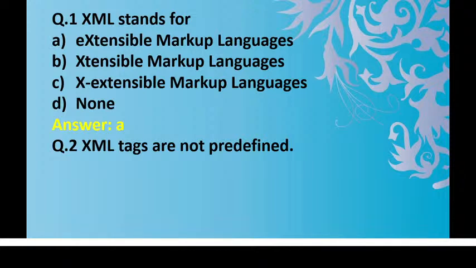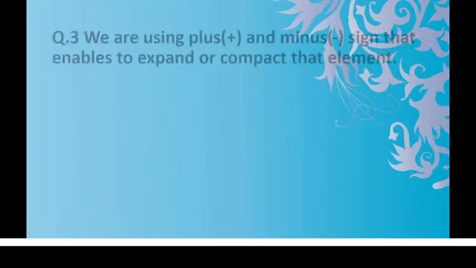So are these predefined or not? True or false? What will be the answer? Please type in the chat box. XML tags are not predefined: true or false? The correct answer is true. They are not predefined. We are defining the XML tags.